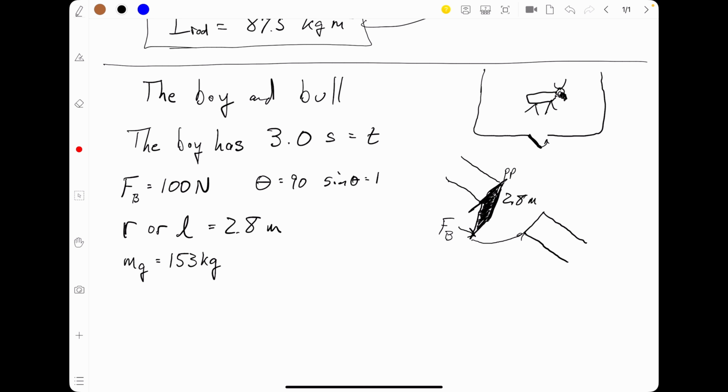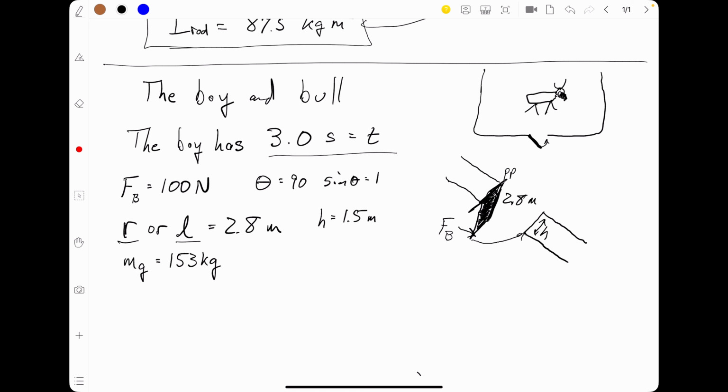We've already mentioned that the radius of the gate where the boy is going to press, or L, however you want to look at it, is 2.8 meters. What is the height of the gate? Because the gate is the same height as the fence, the height is equal to 1.5 meters. Probably taller than the boy.